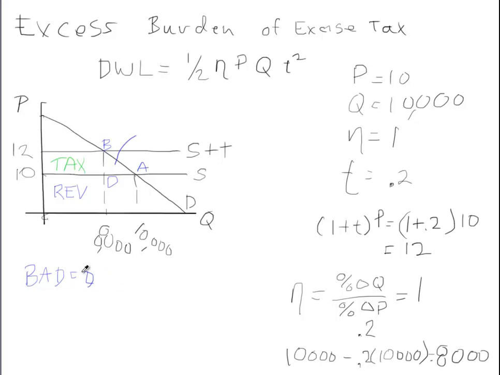Let's make that look a little bit better here, which is equal to 1/2 times the elasticity of 1 times the price of 10 times 10,000 times 0.2 squared. That's not very pretty.